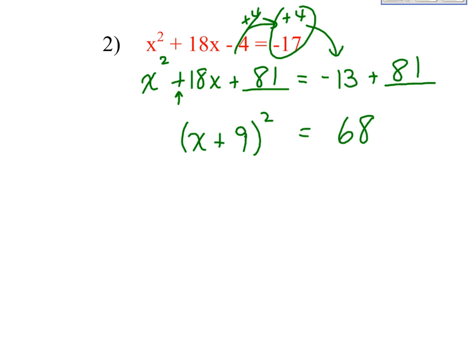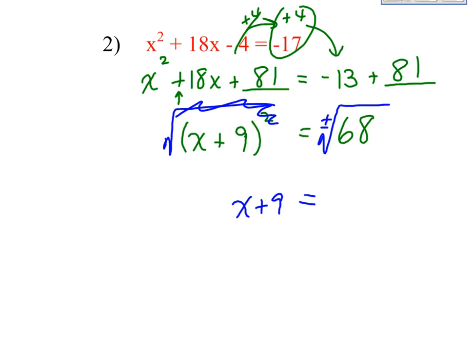And then it's just a matter of using algebra to solve. So you can cover up the method, or this makes more sense algebraically because we're going to get decimals. So don't forget the plus minus in front of that square root on the right side. The square and the square root cancel, they just undo each other. That's the whole point. And I'm just going to leave plus or minus the square root of 68.